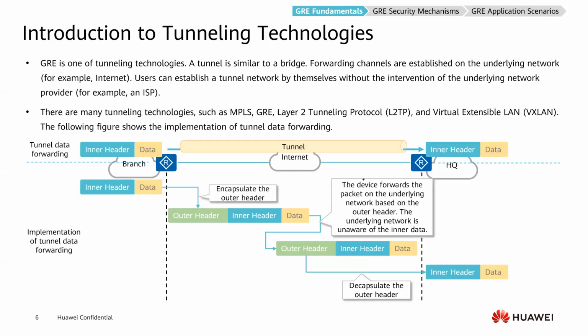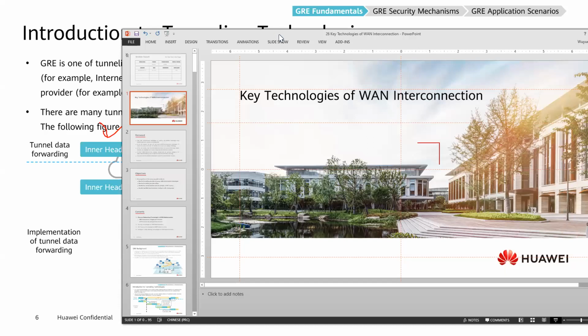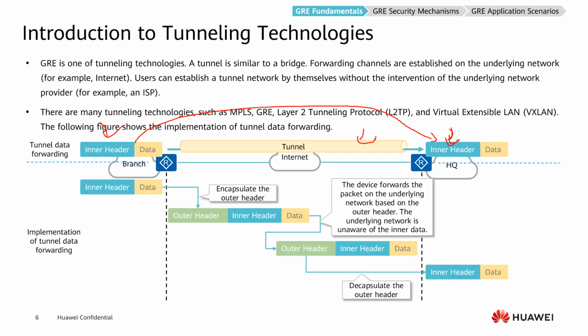The idea of GRE is very simple. If you want to send from one internal network to another internal network, you need to create a tunnel. GRE is basically a tunneling technology, and the working concept is very simple: it is an outer header over the inner header.